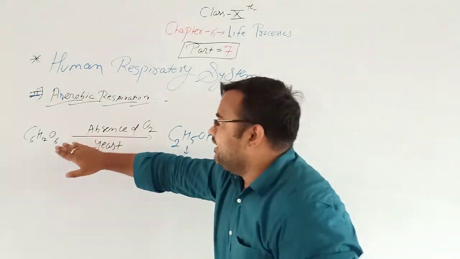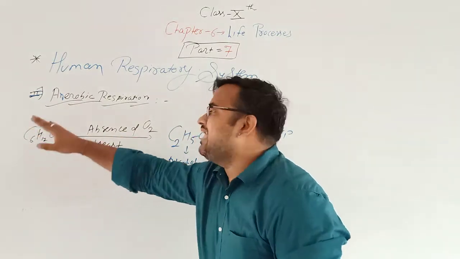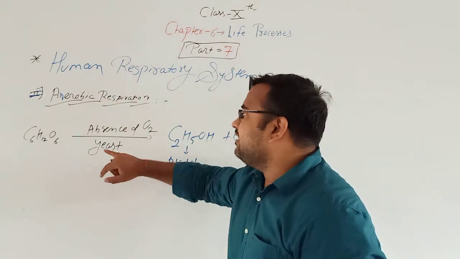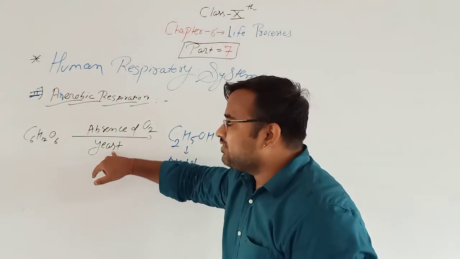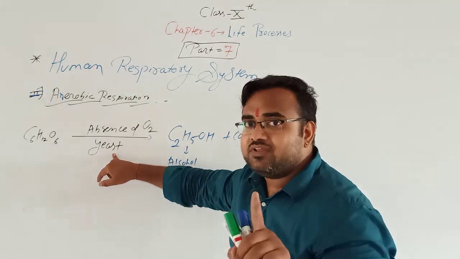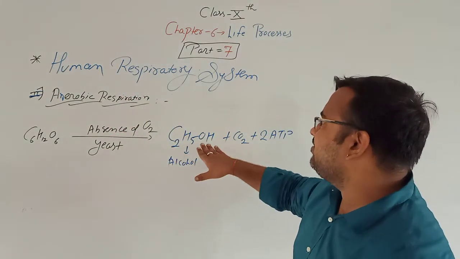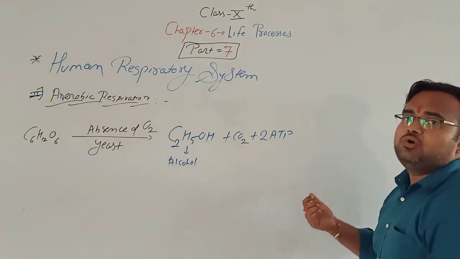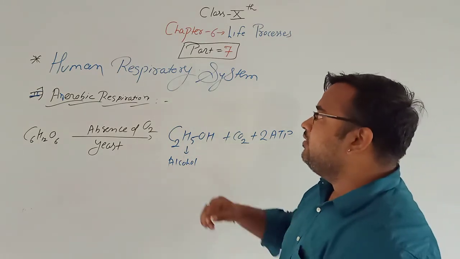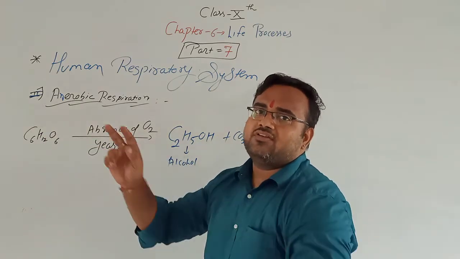So glucose or carbohydrate in the absence of air, the yeast performs the process known as fermentation, and the products of anaerobic respiration are ethanol, carbon dioxide and 2 ATP. We have seen two types of respiration, aerobic and anaerobic.